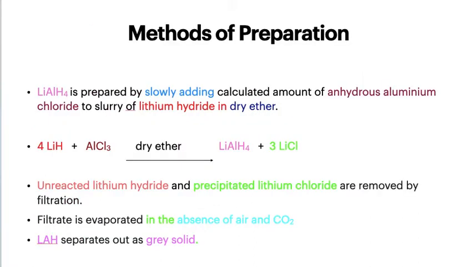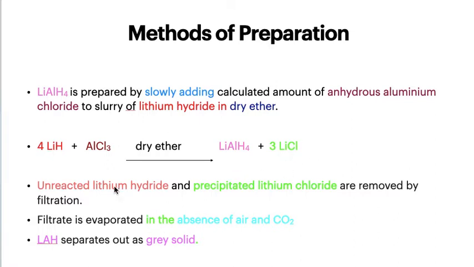Let us see the methods of preparation of lithium aluminum hydride. Lithium aluminum hydride is prepared by slowly adding the calculated quantity of aluminum chloride to the slurry of lithium hydride in dry ether. It forms lithium aluminum hydride and lithium chloride.